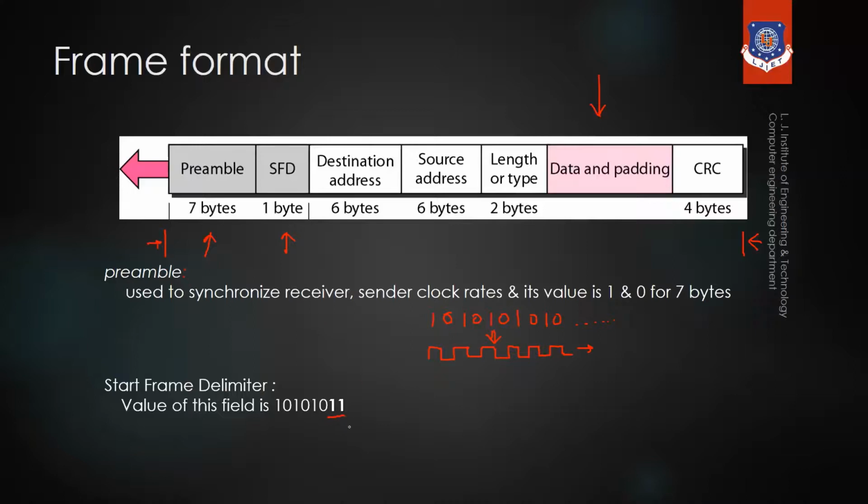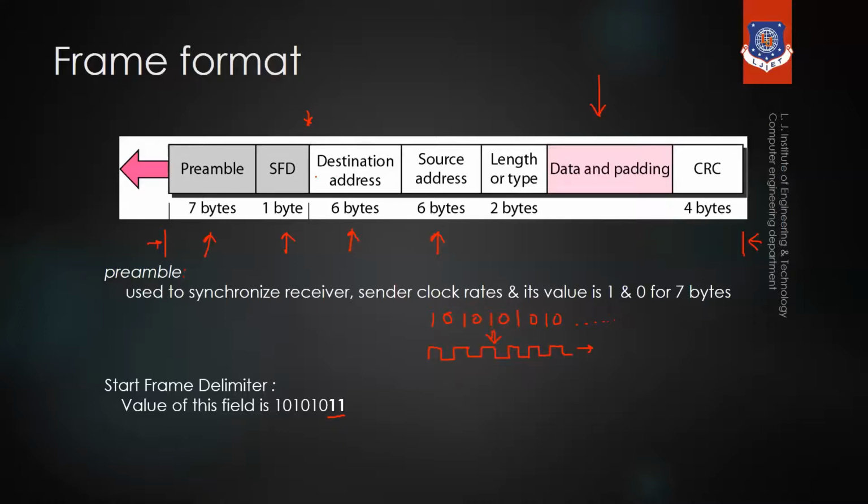So when the receiver detects the last two bits 1-1 after continuous 0 and 1, it will know that this is the start of the frame. And the next field is the destination address. The size of the destination address is 6 bytes and it is the same as the source address, which is also 6 bytes.